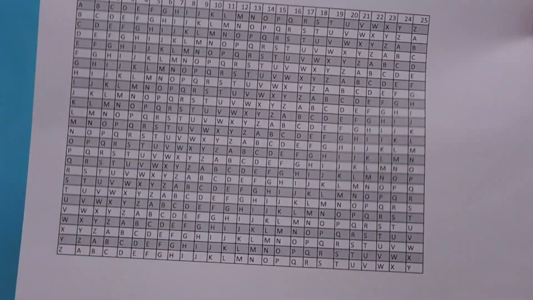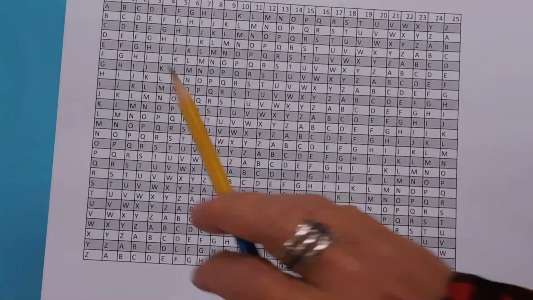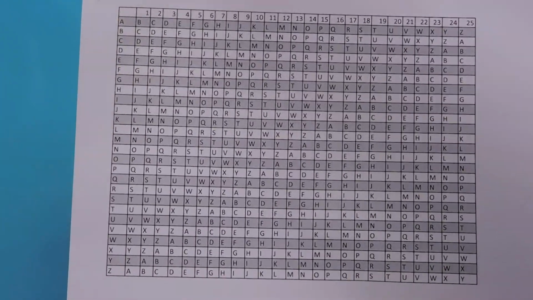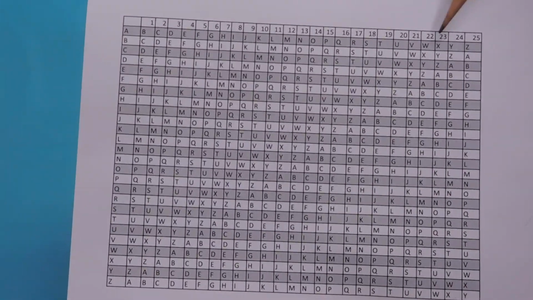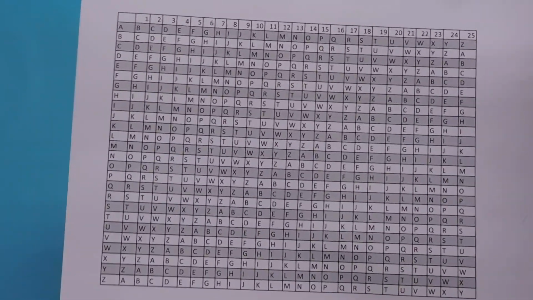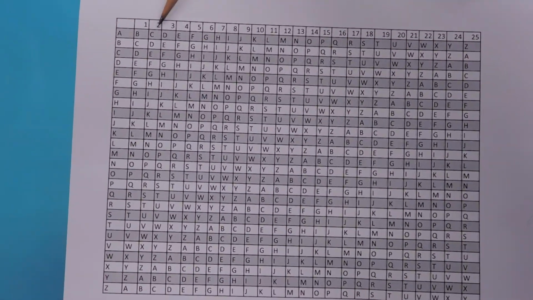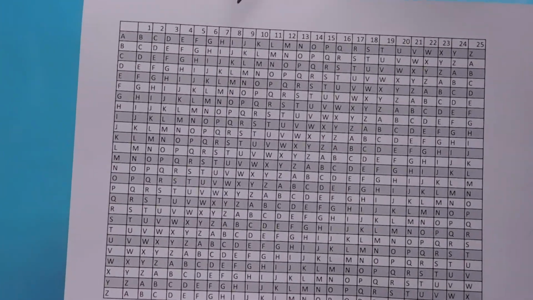So there it is. I've got the letters of the alphabet down the side, and I've got numbers across the top. So if you're moving it over 1, the A becomes a B. If you're moving it over 2, it becomes a C, on and on and on.